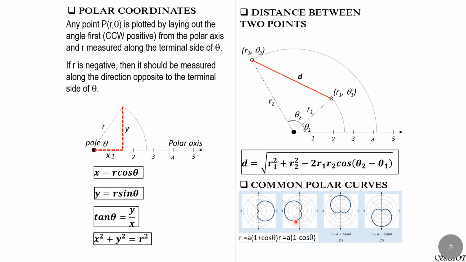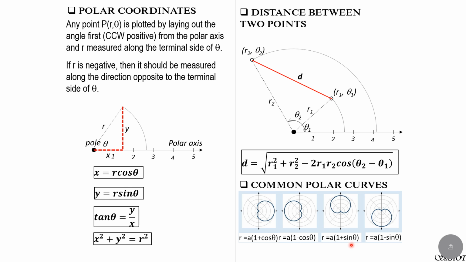If it is in the opposite direction towards the negative x-axis, then it is r equals a quantity 1 minus cosine theta. We just plot representative points, and this will be revealed. This is r equals a quantity 1 plus sine theta, and the last one is the heart shape, which is the cardioid, r equals a quantity 1 minus sine theta.